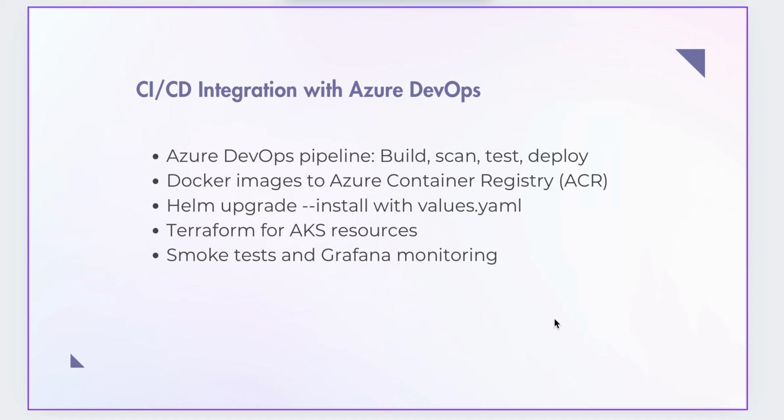Terraform scripts updated AKS resources like namespaces or RBAC roles, ensuring infrastructure aligned with application changes.